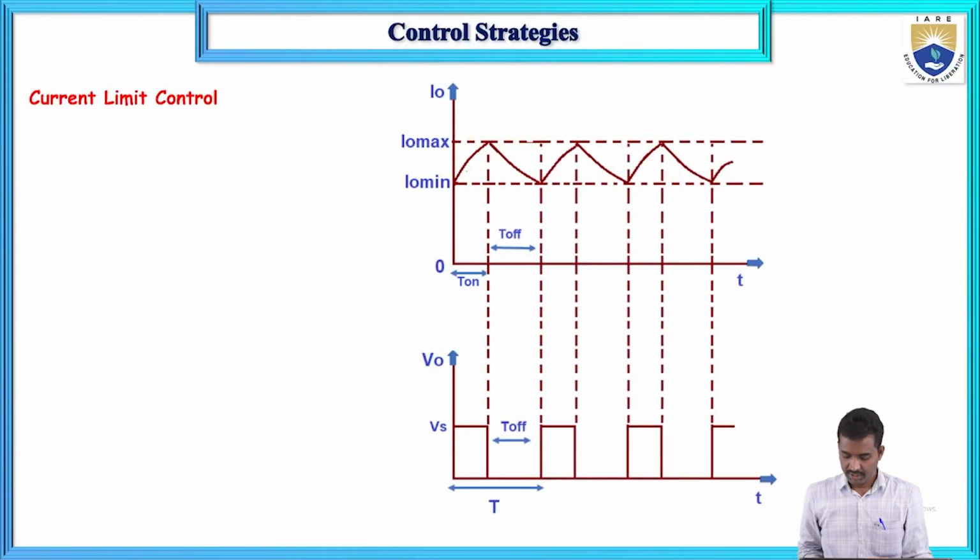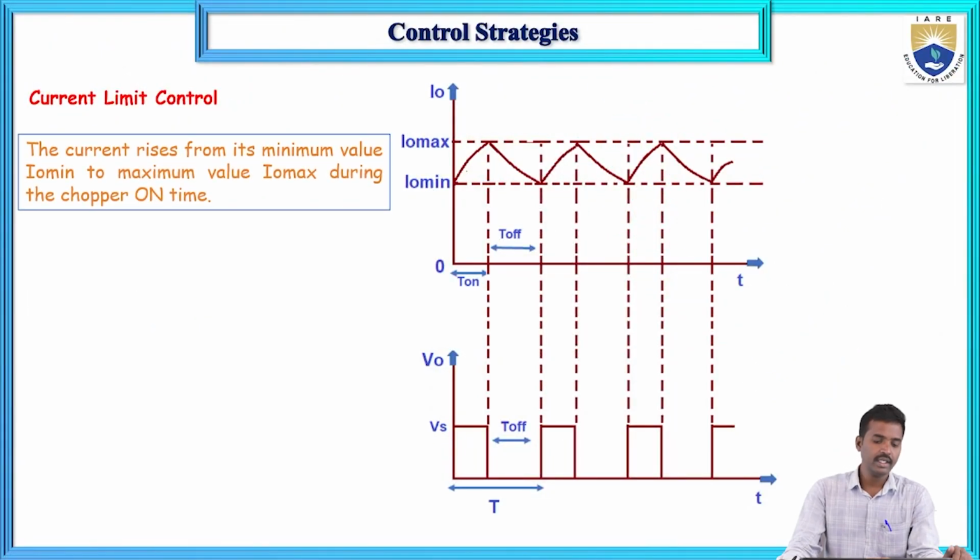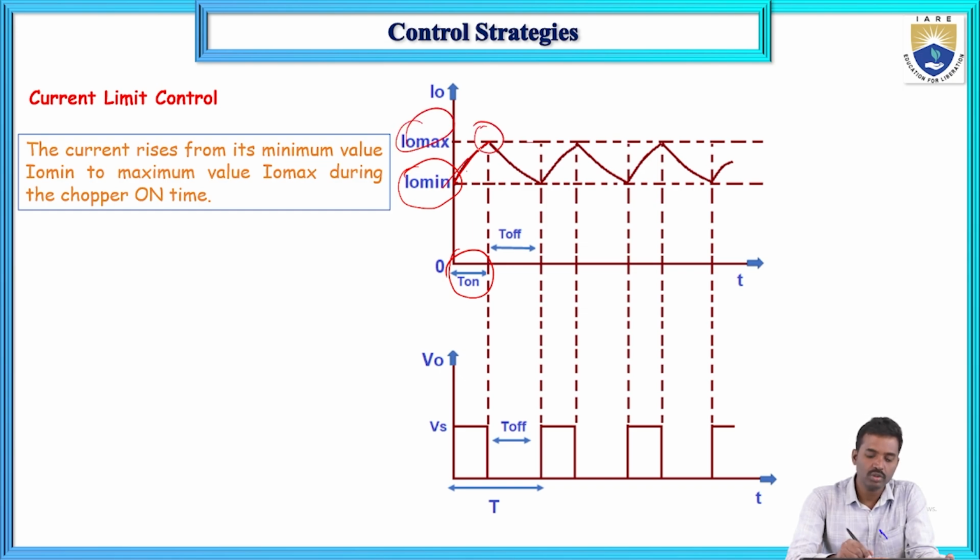Next, the time in which the current rises from its minimum value to the maximum value is known as the T on time. The current rises from I naught minimum to the maximum value, and this duration is known as T on time.